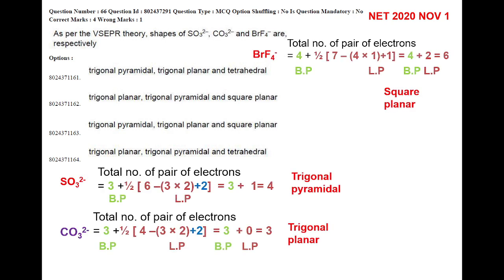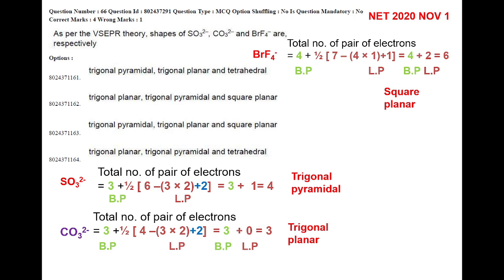For SO3 2 minus, 3 bond pair, 1 lone pair. Shape is trigonal pyramidal. For CO3 2 minus, 3 bond pair, 0 lone pair. So this is trigonal planar. In case of BrF4 minus, 4 bond pair, 2 lone pair.